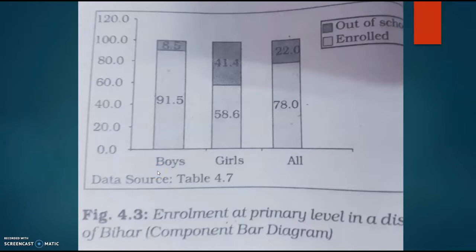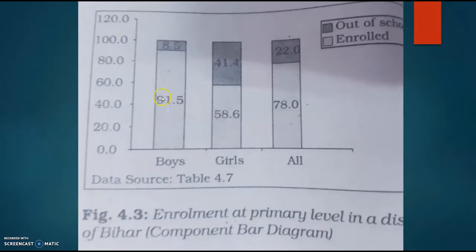Children, look at this picture. This is figure 4.3. To construct a component bar diagram, first of all, a bar is constructed on the x-axis with its height equivalent to the total value of the bar. For percentage bars, the bar height is of 100 units. So here the height of all these three bars is 100 units.